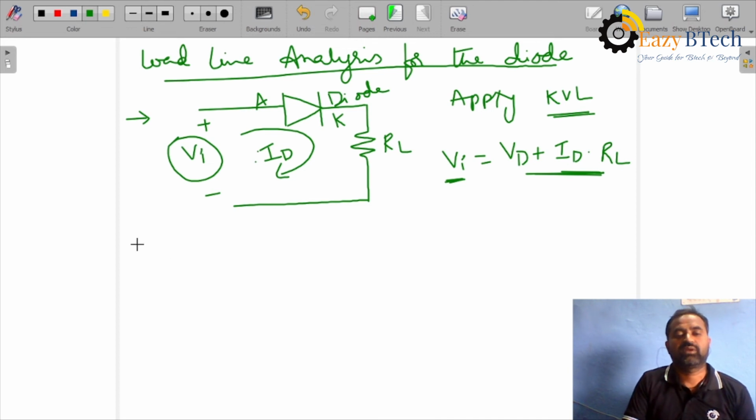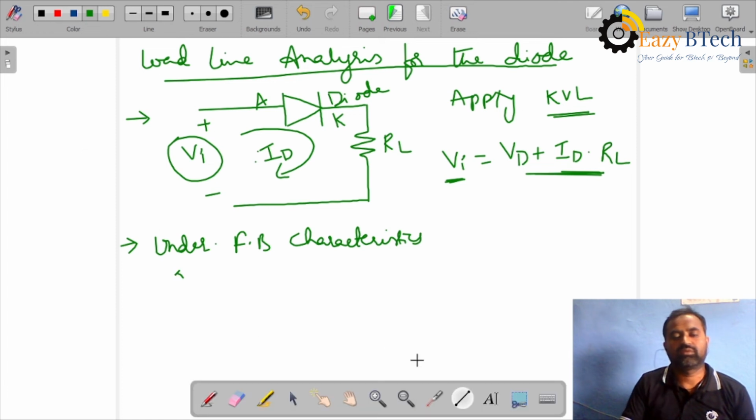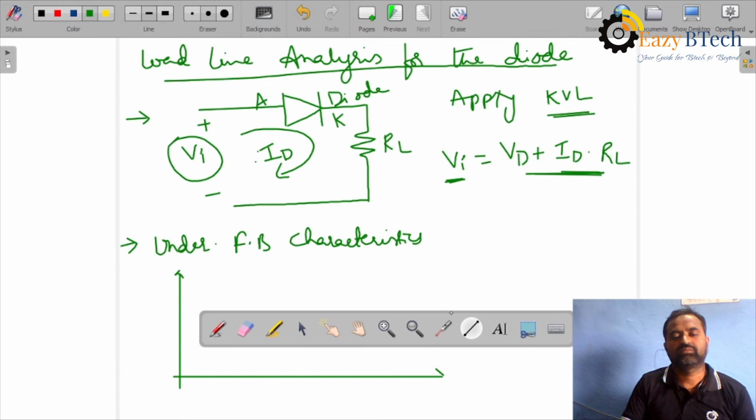Now under forward bias characteristics, if you plot the graph, this is your forward current IF, this is the forward voltage VF.